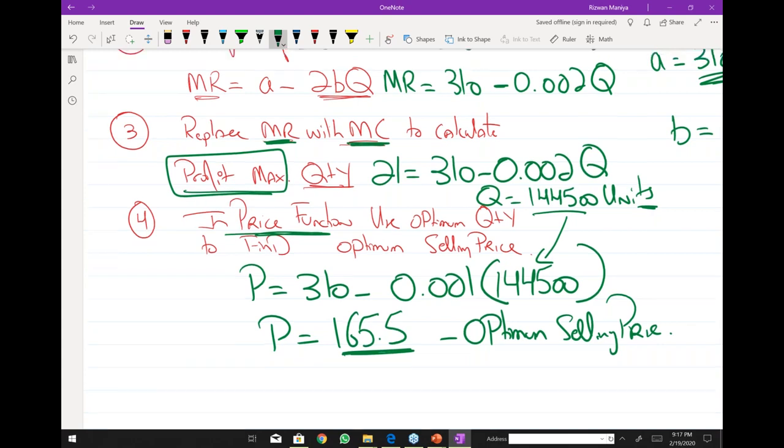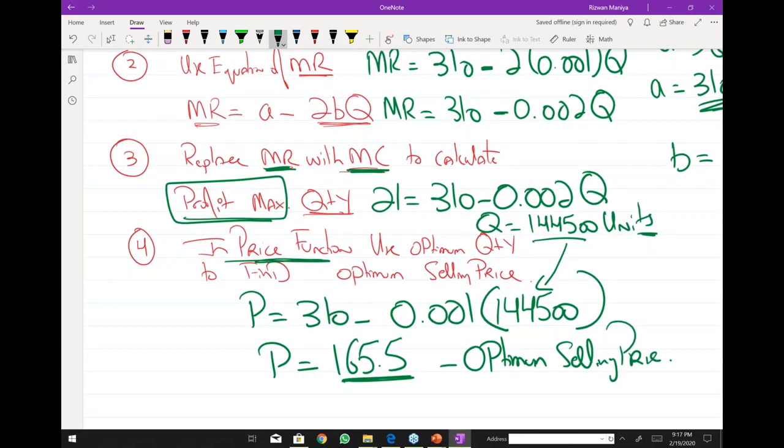For units, you have to solve this equation. You need to solve this for Q here.